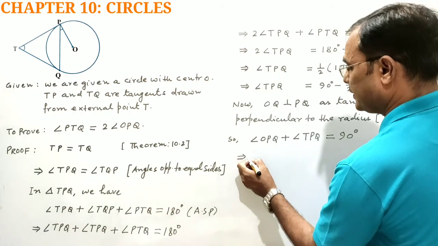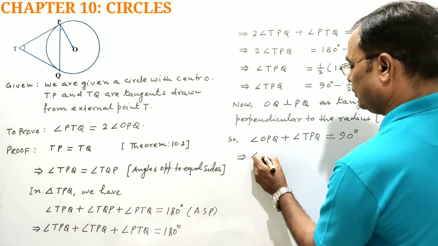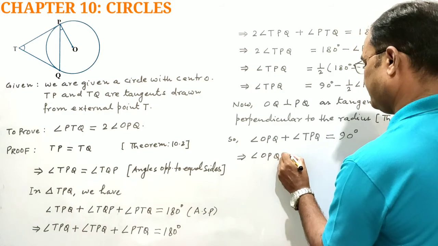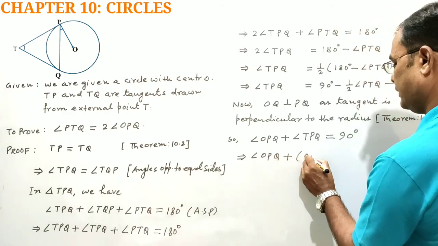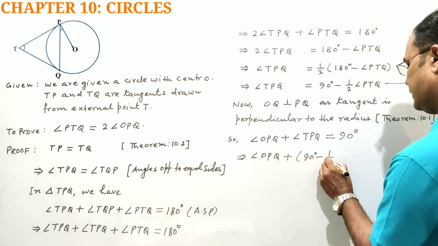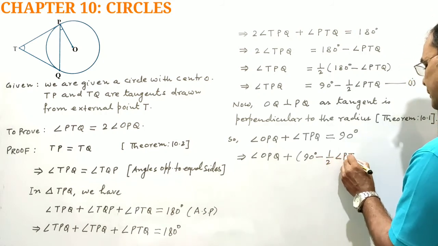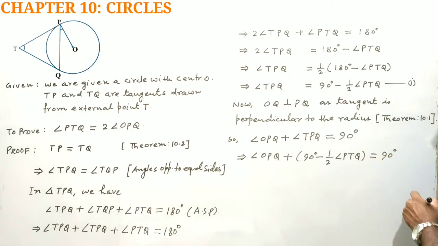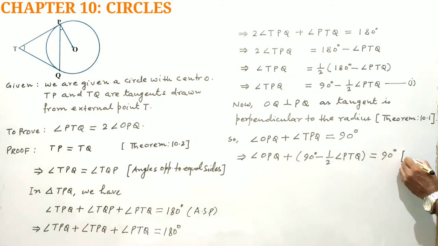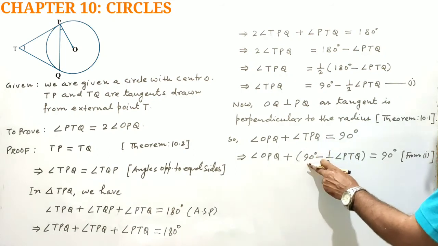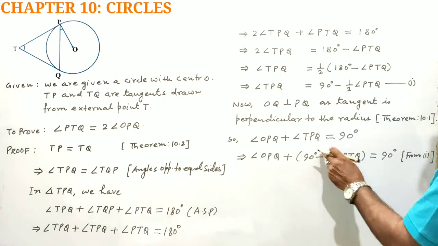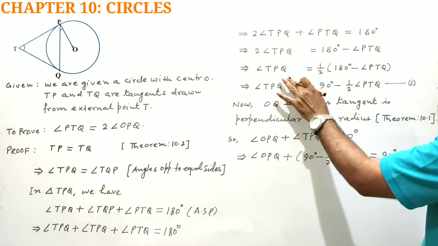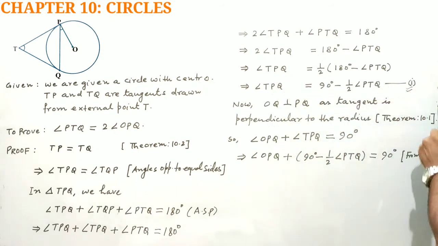And this implies that angle OPQ plus 90 degrees minus half of angle PTQ is equal to 90 degrees. This is from 1. We have written 90 degrees minus half of angle PTQ in place of angle TPQ from this equation number 1.